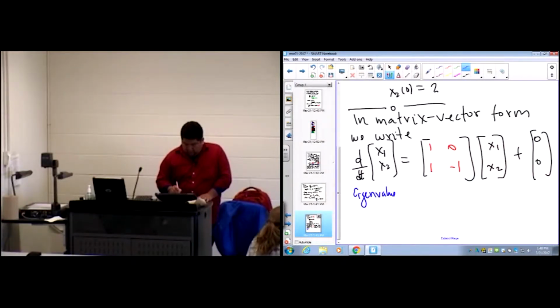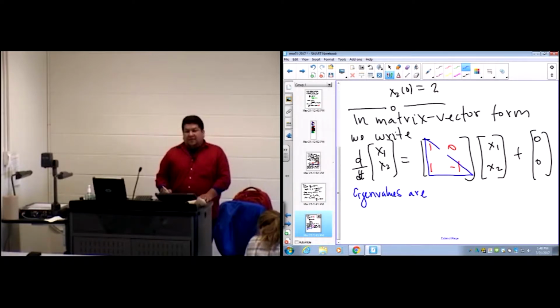There are zeros above the lower triangular part. So if you compute the determinant of this matrix, you're going to end up multiplying the entries on the diagonal. So here the eigenvalues are lambda 1 equals 1, and lambda 2 equals minus 1, because it's triangular. If it were not triangular, then we'd have to do the characteristic polynomial, all that.